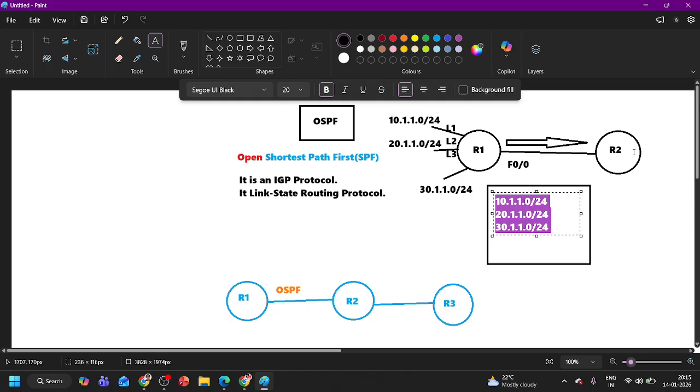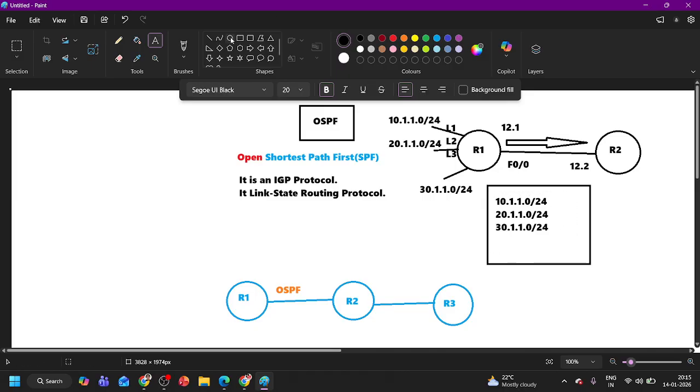There is no information about the router, right? Router 2 cannot understand where it is coming from. It will know all these prefixes from its neighbor. Who is my neighbor? My neighbor is 12.1, here the IP address is 12.1, here the IP address is 12.2. So my neighbor is 12.1, and I am learning all these prefixes from my neighbor. That means all these prefixes are reachable via router number 1.